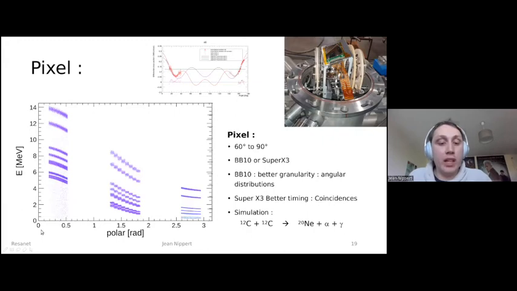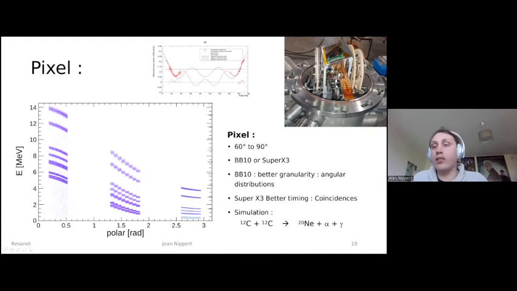In this spectrum, it's a simulation. So this is for carbon-12 plus carbon-12 that gives you neon-20 plus alpha for the different excitation. What we see is that basically around 90 degrees, we will have a better angular coverage.